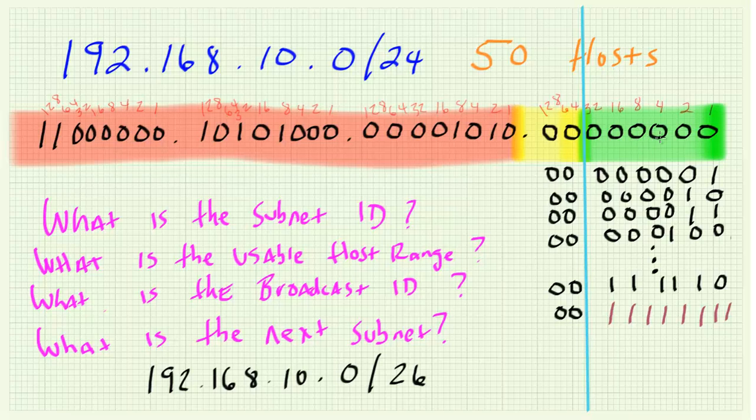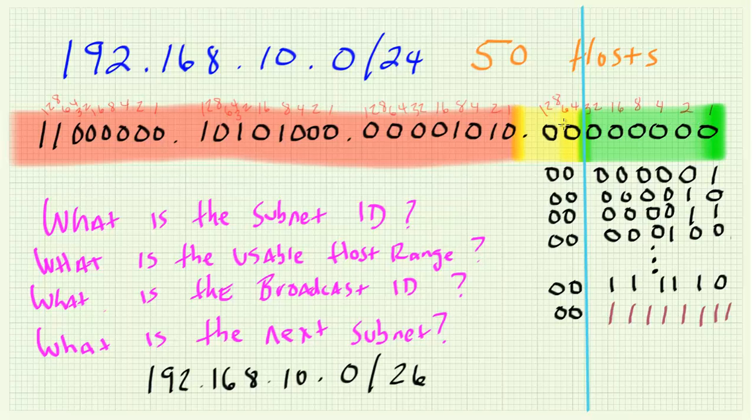In the highlighted colors here, I've taken green and highlighted those last 6 bits, which are our host bits. If we take all of the host bits and set them to 0, that is the current subnet ID. So our current subnet ID for this first subnet is 192.168.10.0 slash, not slash 24, but slash 26, because we've moved the line over 2 bits since we need 6 bits for host.